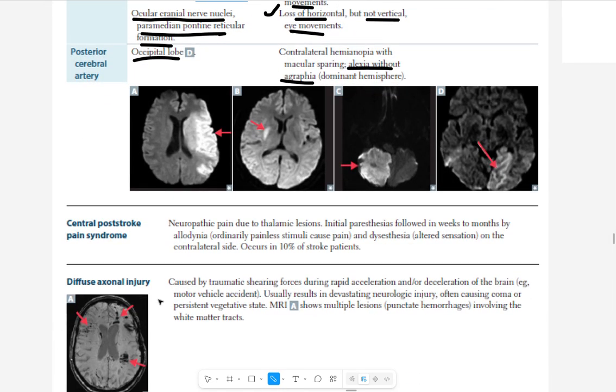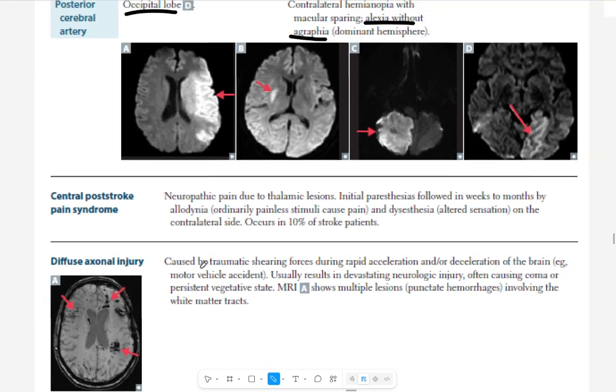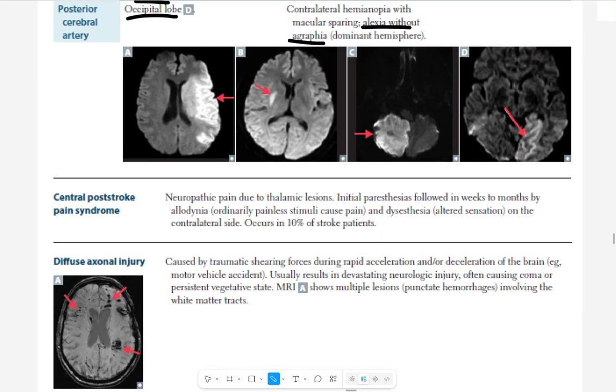Then there's central post-stroke pain syndrome. And what is this basically? This is usually after thalamic infarction. Initially, there's numbness, but weeks later, there's a burning pain. So first you just have paresthesias, followed in weeks to months by allodynia, which is ordinary painless stimuli causing pain. Allodynia is basically pain from light touch.